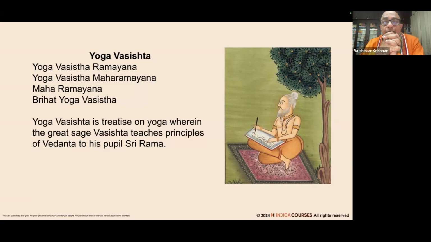And of course, Vishwamitra, who happens to be there, says that you need to have yoga knowledge from Vasishtha, of course the Kula Guru. And the Yoga Vasishta is the conversation that happened between Rama, the young Rama, so to speak, and of course the very great sage Vasishta.